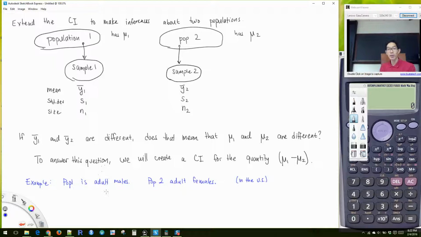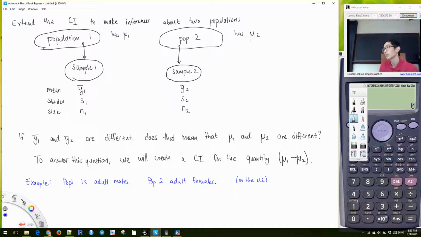we take a random sample of adult males, we get their average height, y bar 1. We take a random sample of adult females, and we get their average height, y bar 2. Okay, and based on y bar 1, the average height of our sample of men, and y bar 2, our random sample of women, we are going to create an interval of plausible values for mu1 minus mu2.